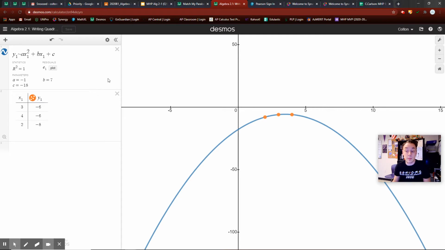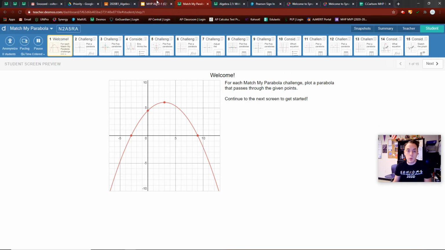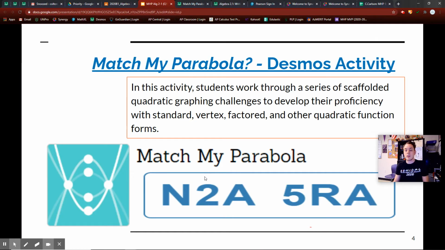So make sure you have this out because it's going to be very useful for you to solve using your standard form. Okay? So what is this? Well, in this activity, you're going to be working through a series of scaffolded quadratic graph challenges to develop your proficiency with standard, vertex, and factored form and other quadratic forms.